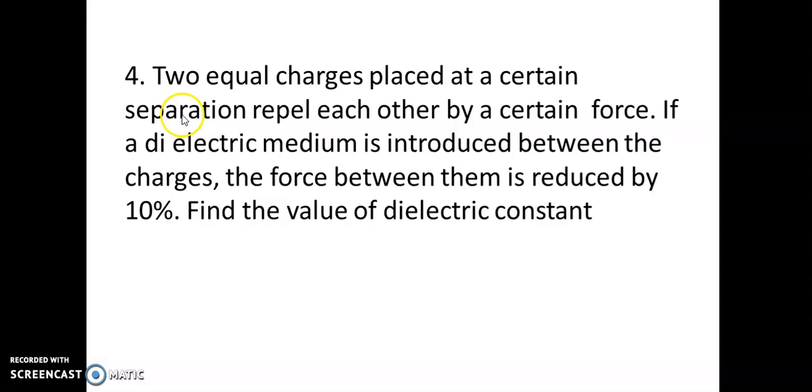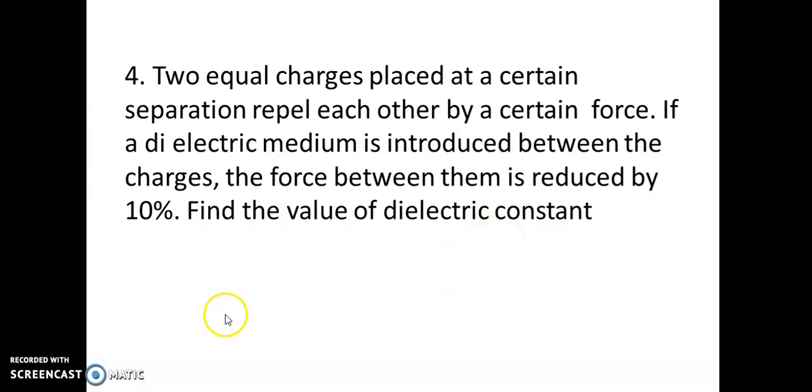Now the fourth question is that two equal charges placed at a certain separation repel each other by a certain force. If a dielectric medium is introduced between the charges, the force between them is reduced by 10%. Find the value of the dielectric constant.